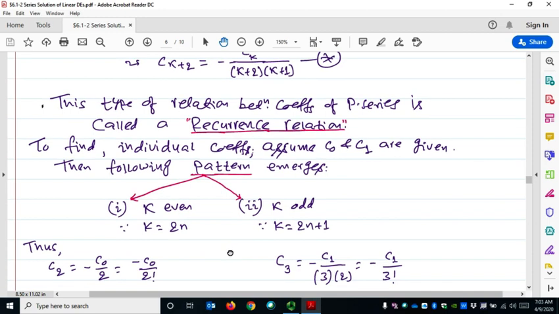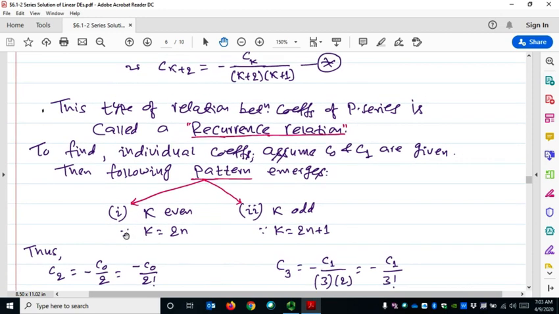So on the left side I am computing the even case, C0, C2, C4, C6, C8, C10 and so on, and on the right side I'm computing C1, C3, C5, C7, C9, etc.